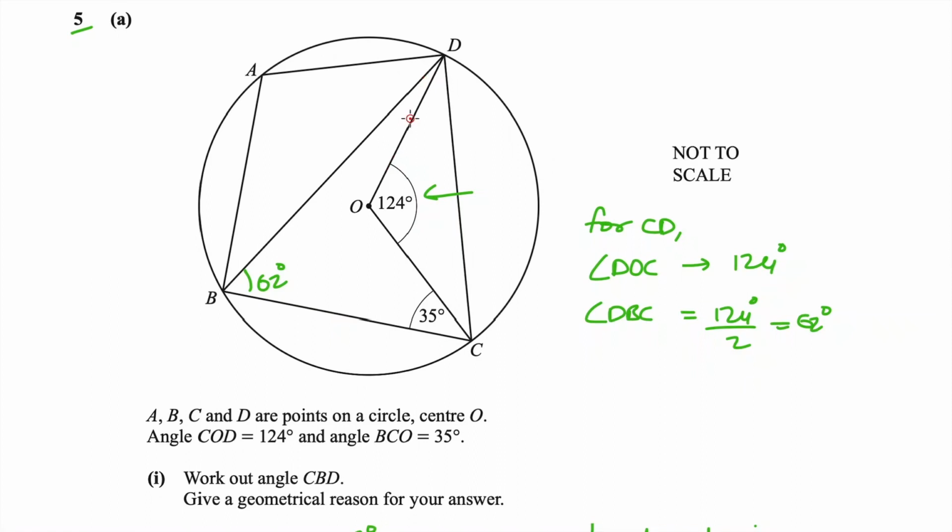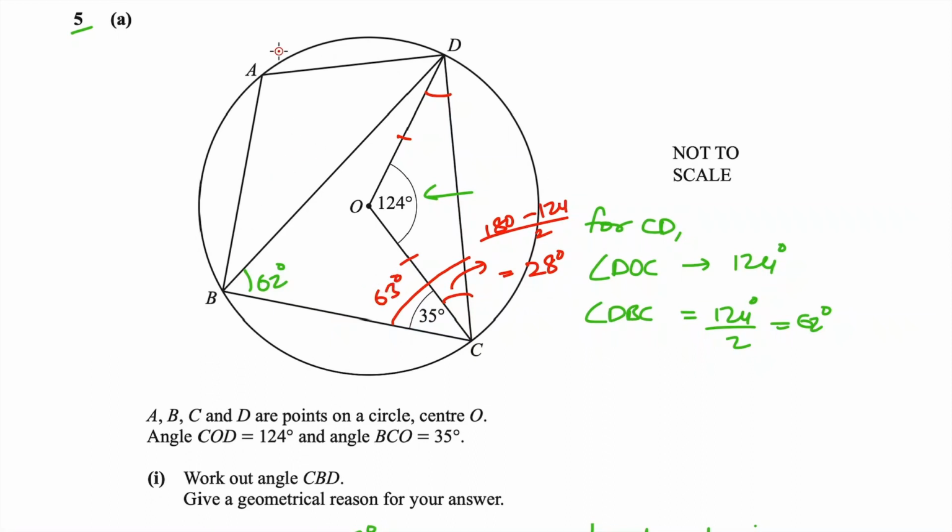So if you can see in this triangle COD, it is isosceles because OC is equal to OD, and so this angle and this angle are equal, and so we can write this angle is equal to 180 minus 124 divided by 2, which is 56 divided by 2, which is 28 degrees, and so this angle is 63 degrees now.